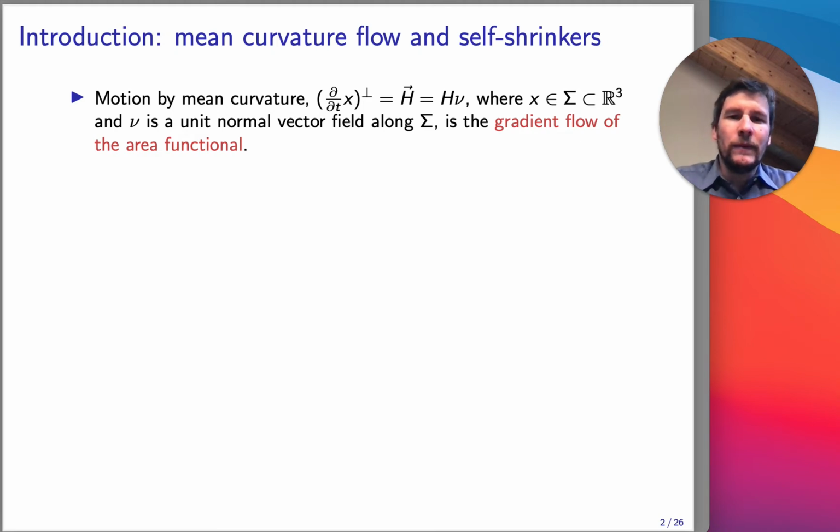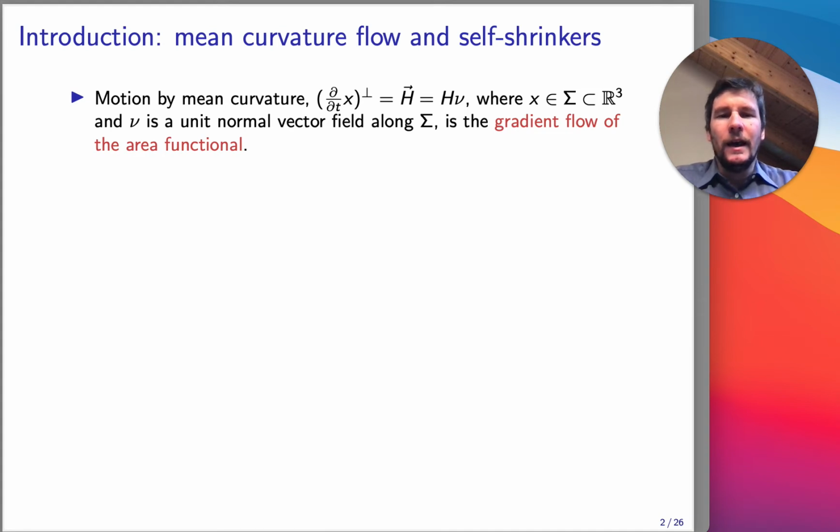The mean curvature vector is the same thing as the scalar mean curvature times the normal vector. And the important thing is that while the mean curvature might depend on your choice of normal, if you change the unit normal to minus the unit normal, then the mean curvature also changes sign, the mean curvature vector is completely independent of all these choices.